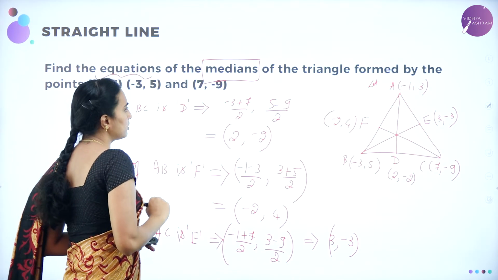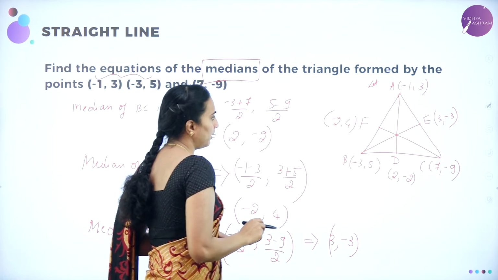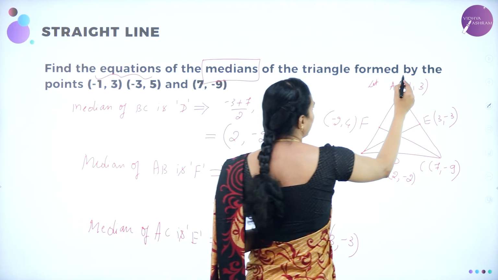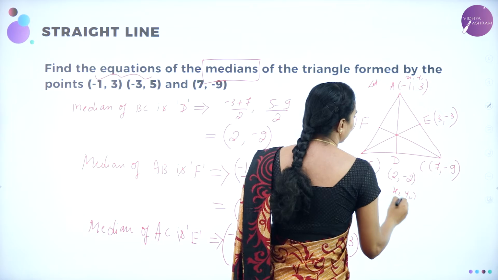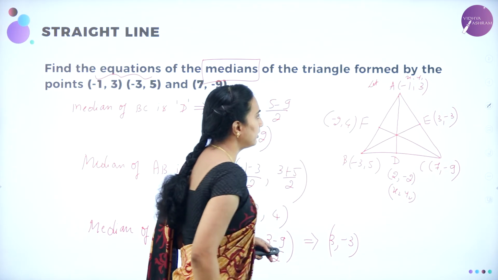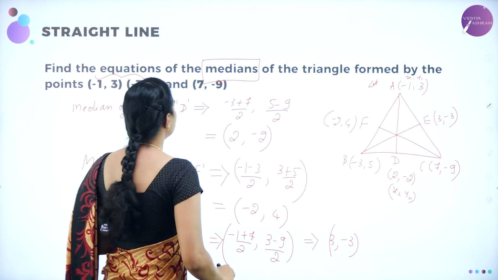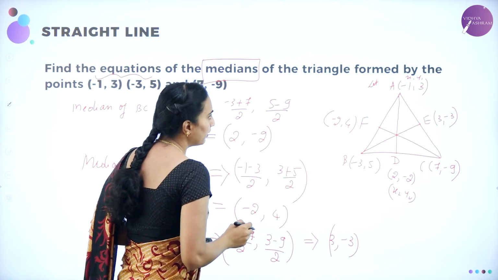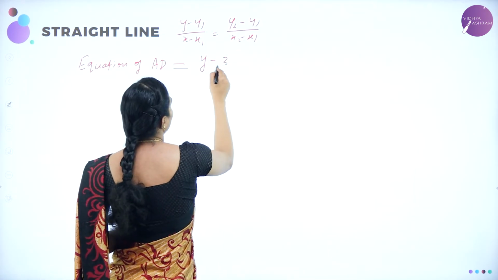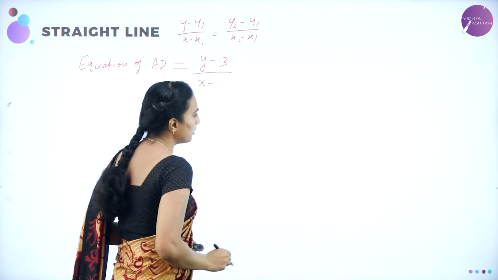Take this one as x1, y1 and this one as x2, y2. So y2 minus y1, that is -2 minus 3.